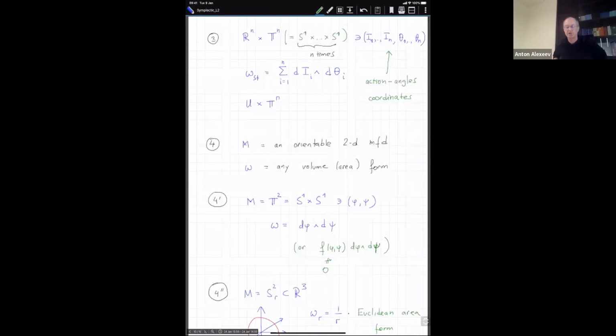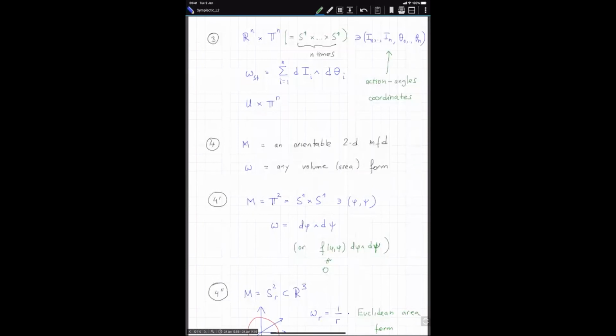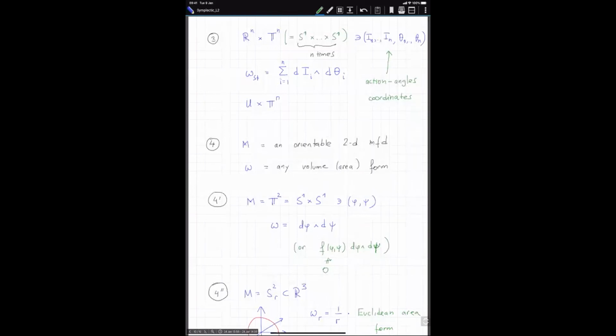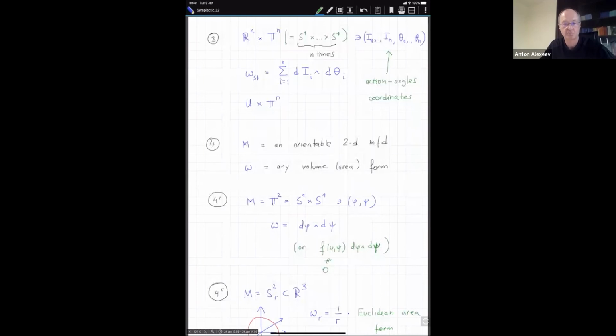But if you look at T2, this is S1 cross S1, right? And there the two-form is d phi wedge d psi. This is a compact manifold, so we should check whether H2 is non-zero.